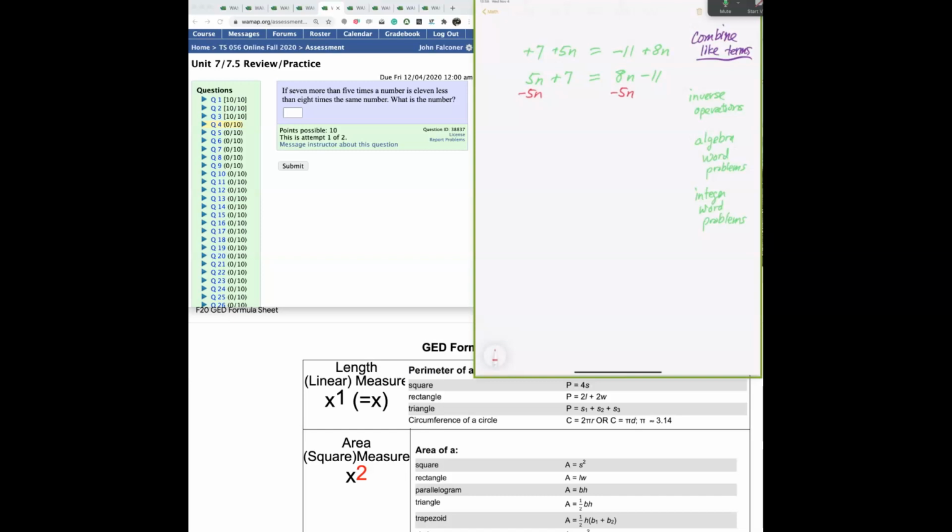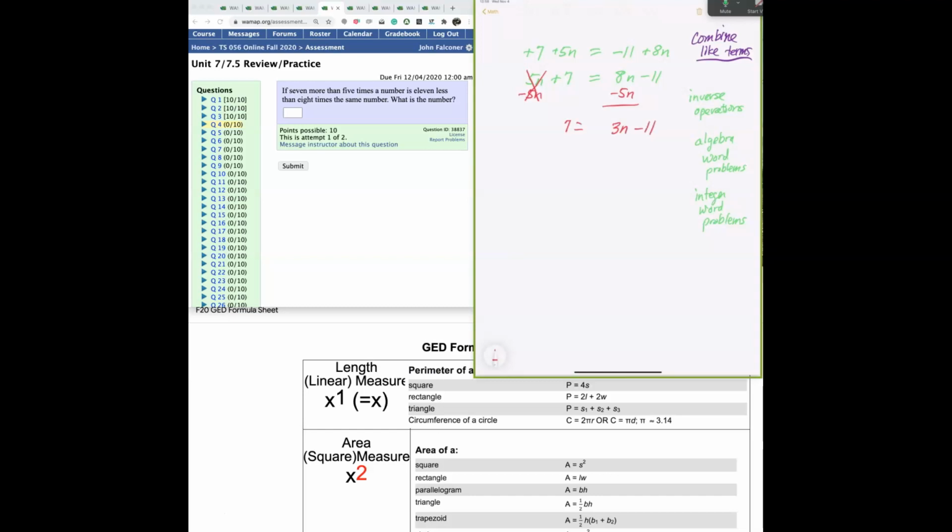And whatever we do to one side, we have to do to the other. So this negative 5n is going to annihilate the positive 5n, leaving 7. And so we'll have 7 is equal to whatever this becomes. 8n minus 5n, I think that leaves 3n minus 11.